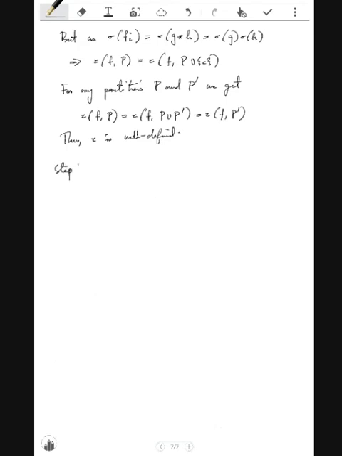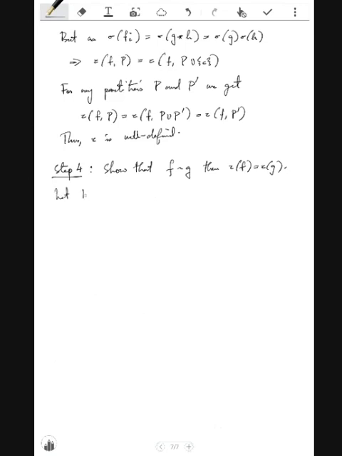Next we come to step 4. In this step we will show that if f is homotopic to g in X, then tau f is equal to tau g. So we will do this in 2 steps.